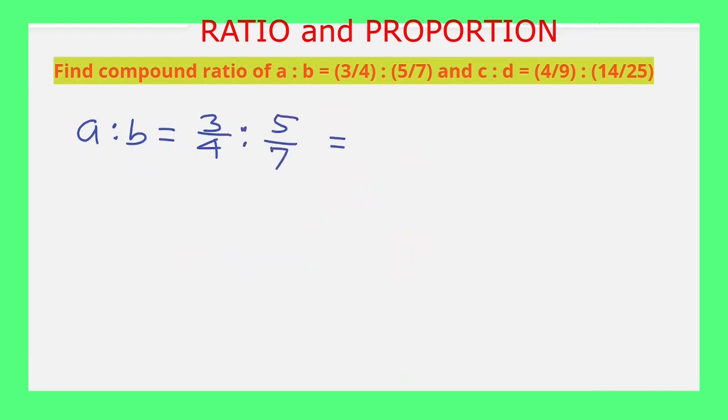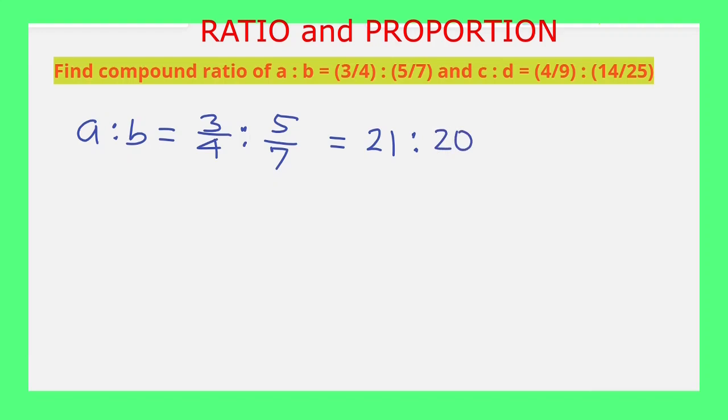As the LCM of 4 and 7 is 28, so if we multiply both the numbers by 28, the ratio doesn't change. So we multiply 28 to 3 upon 4 and 4 cancels 28 for 7 times. So 7 times 3 is 21 and 28 when multiplied to 5 upon 7, 7 cancels 28 for 4 times and 5 times 4 is 20.